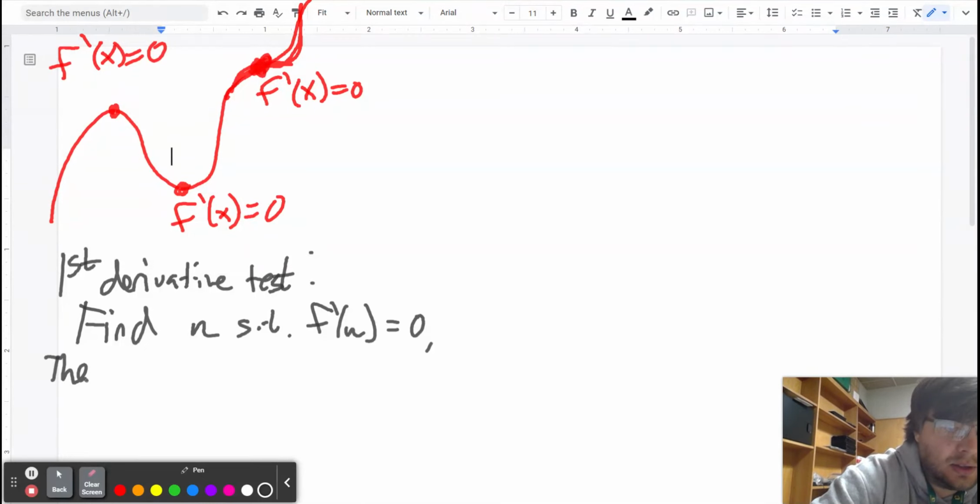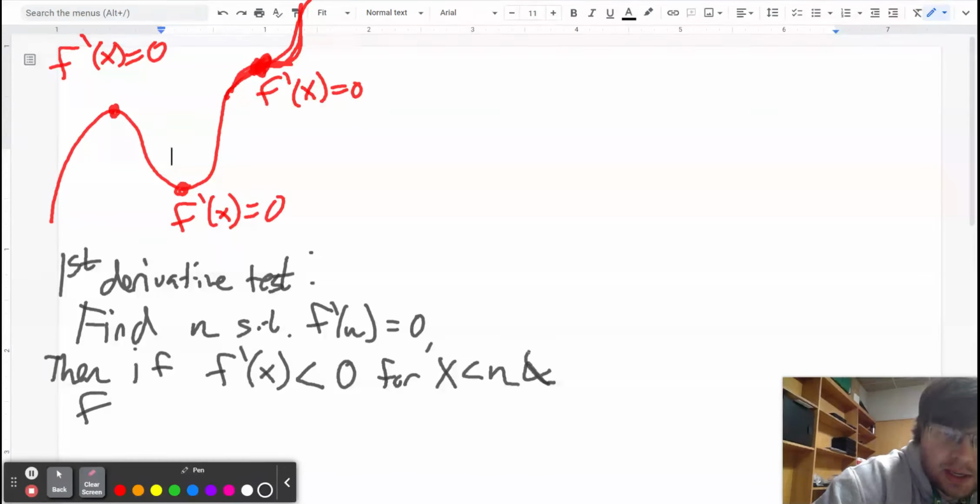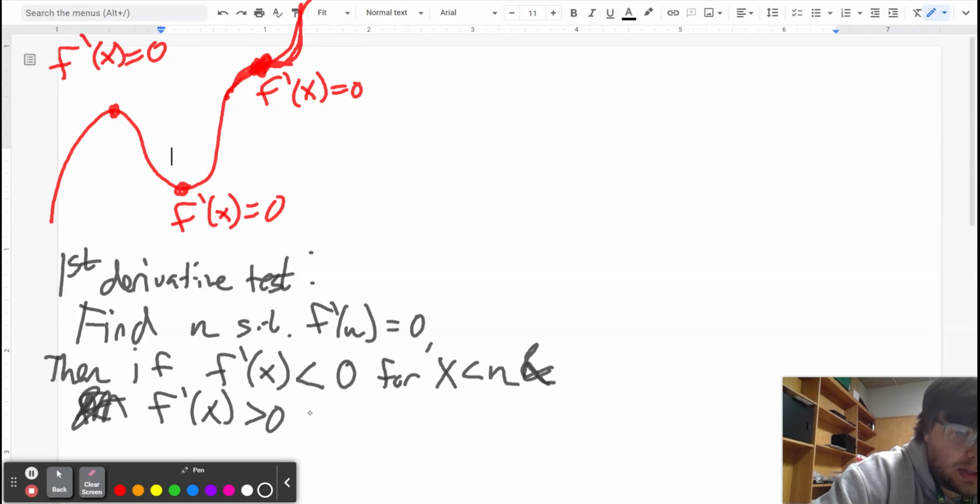Then if f prime of x is less than 0 for x less than n, and f prime of x is bigger than 0 for x greater than n, then n is a minimum.